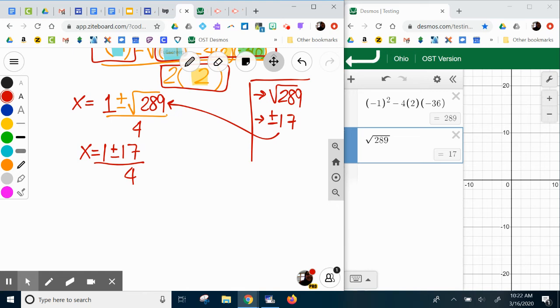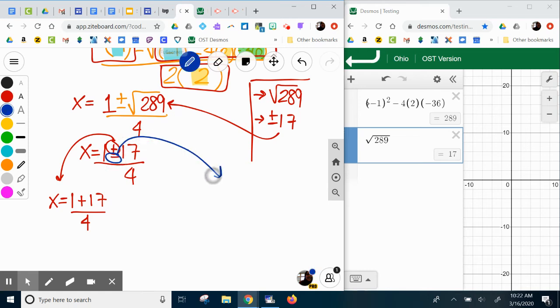So let's do the plus over here. So it's x equals 1 plus 17 divided by 4. And we're going to do the minus over here. So x equals 1 minus 17 over 4. So 1 plus 17 is 18. 18 divided by 4, let's see.